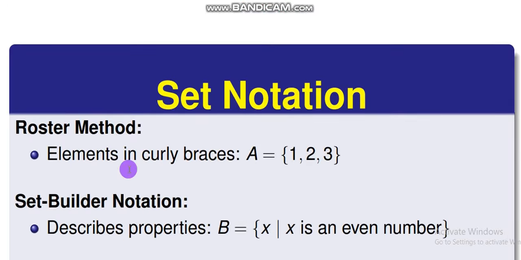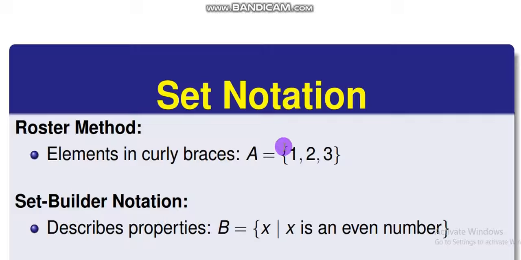Now, how do we write set? What are the symbols that we use to denote set? That is what we mean by set notation. We have different ways of giving notation for set. The first one is element in curly braces.